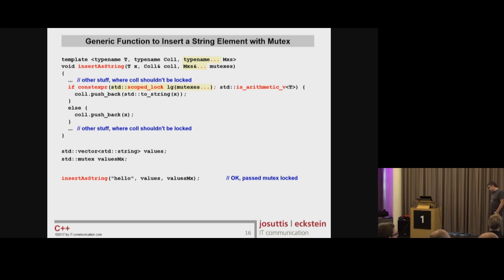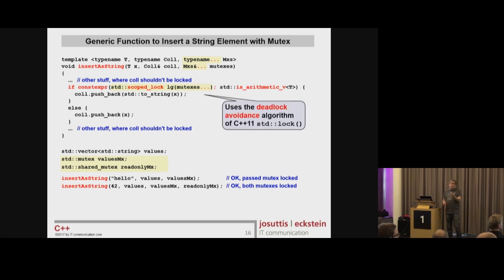And what you can now even improve here, you can say, let's pass an arbitrary number of mutexes to this function that might be locked while we call pushback. So you might still pass one mutex, but you might also pass two mutexes. Note that these mutexes might have different types because this is a variadic template.